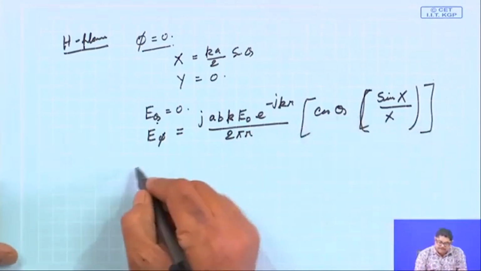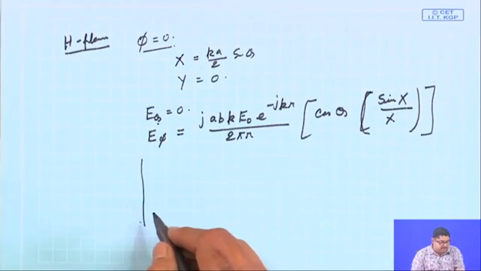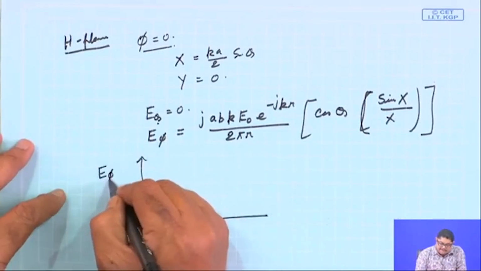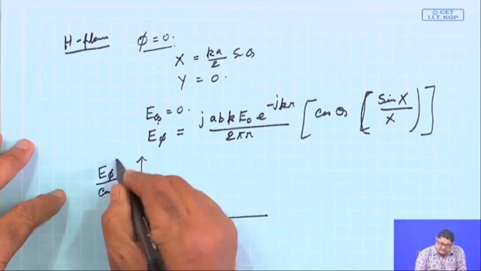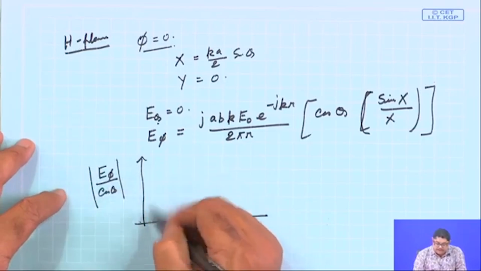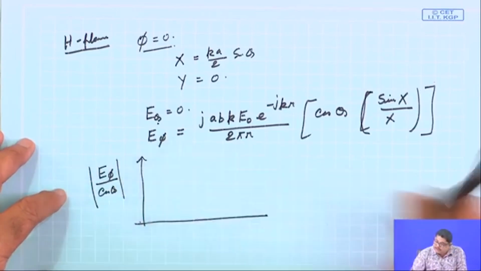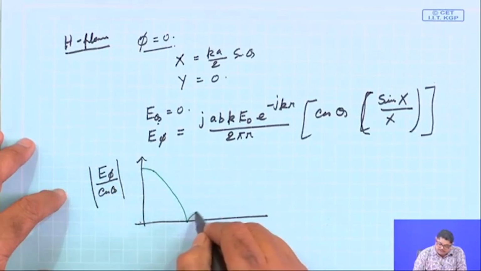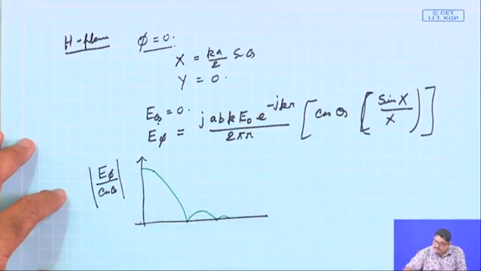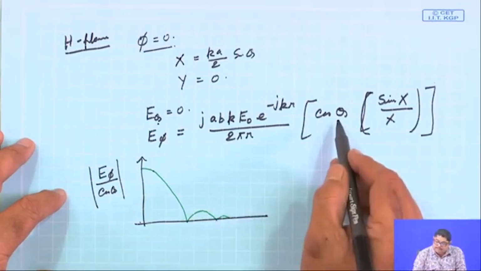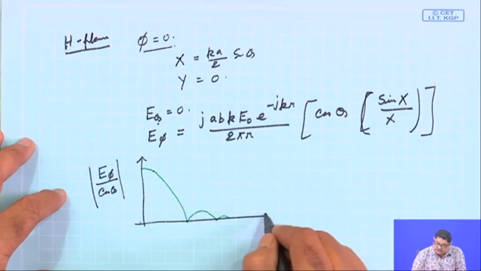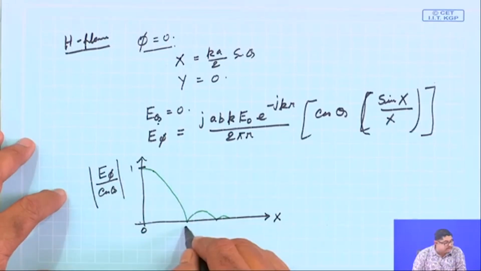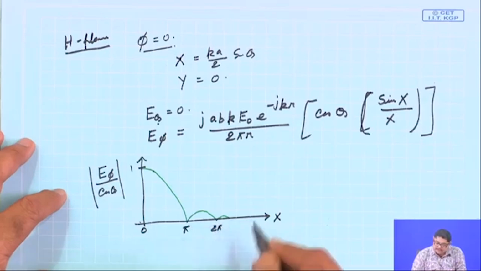That is why generally people plot E phi by cos theta. Near theta equal to 0 it will be the same sinc type of function, but obviously you will have to give the theta. This is with respect to X, and again this is 1, this is pi, this is 2 pi, etcetera.